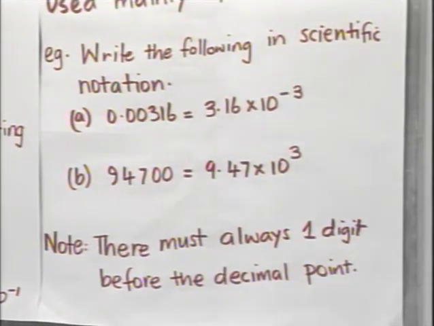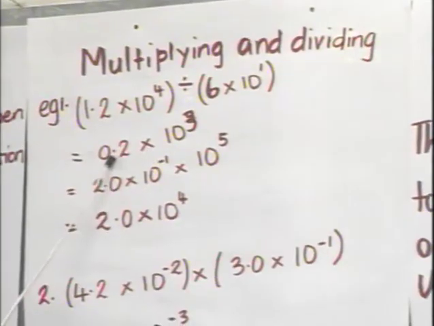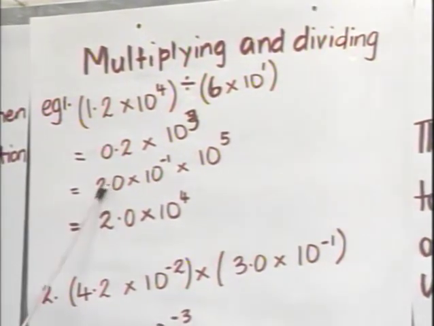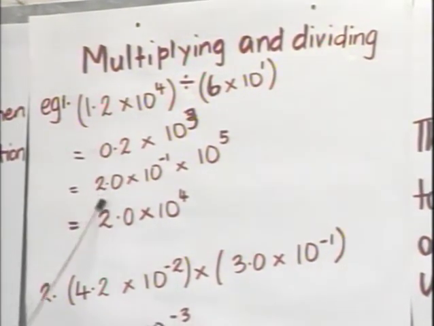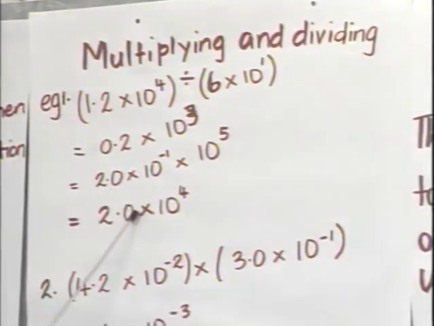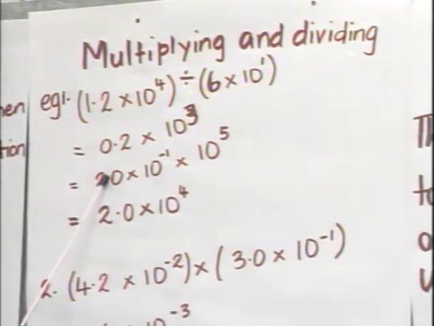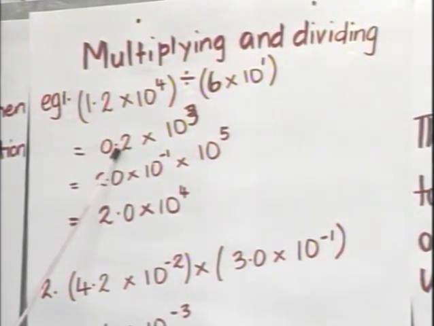So if you can have a look at this, 0.2 times 10 to the power of 3, although it's the correct answer, it doesn't follow the rule. So what I did then is I rewrote this 0.2 here as 2.0 times 10 to the power of negative 1, because I will have to move back to come to this number.